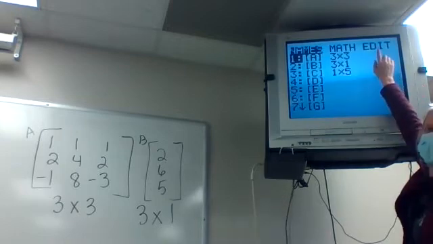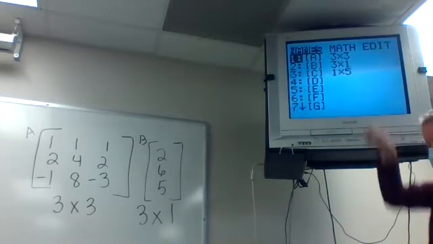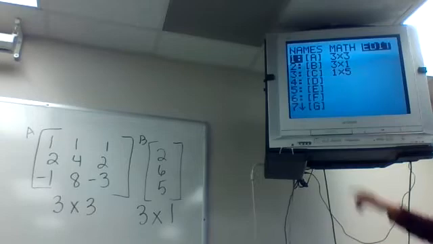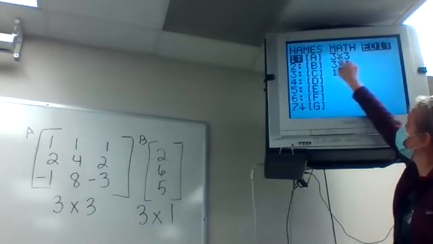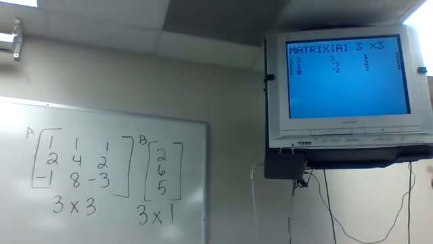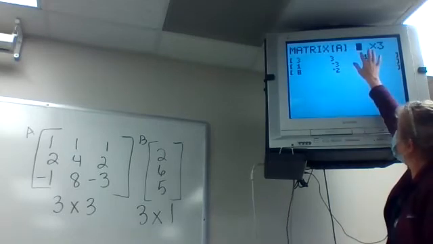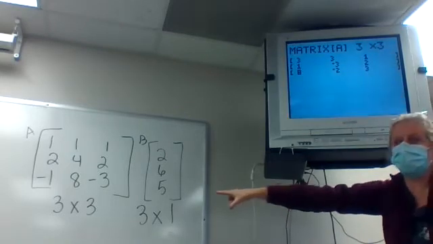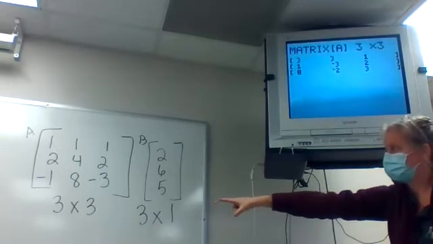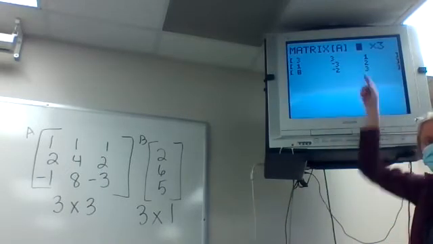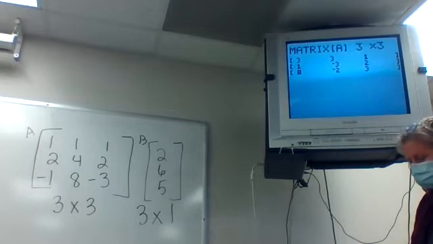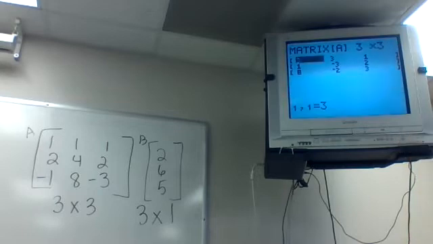So go over to edit. You're going to edit matrix A. So again, the first thing you're going to have to tell it, where this cursor is, is that order. So how big is mine? So you need to enter 3 by 3. So 3, enter, 3, enter.